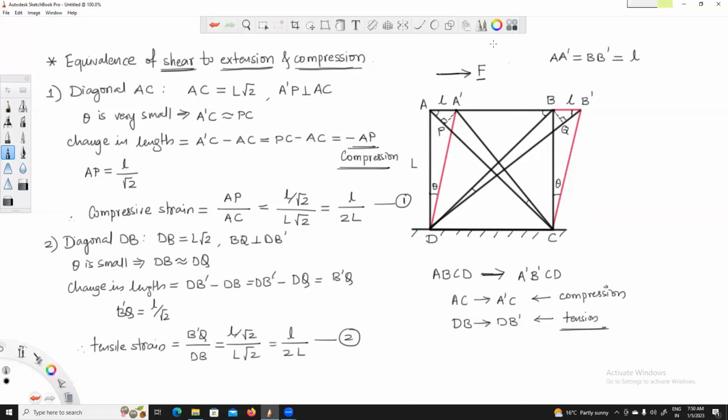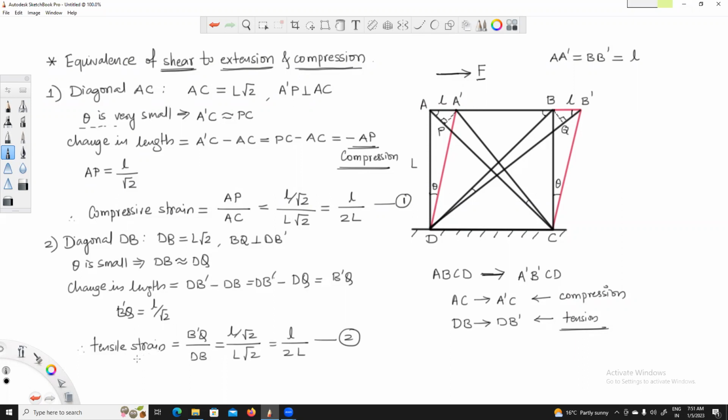So due to the application of tangential force, I am observing both tension and compression simultaneously in this face, right? Then I decided to find the strains developed in both diagonals. I obtained a compressive strain, with certain assumptions like theta is very small, equal to l over 2L.